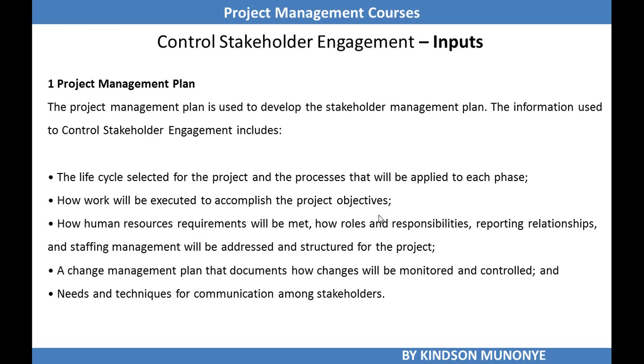Remember, control stakeholder engagement is a continuous process. We also have in the project management plan how work will be executed to accomplish project objectives, how human resource requirements will be met, how roles and responsibilities, reporting relationships and staffing management will be addressed and structured for the project, a change management plan that documents how change will be monitored, and needs and techniques for communication among stakeholders.